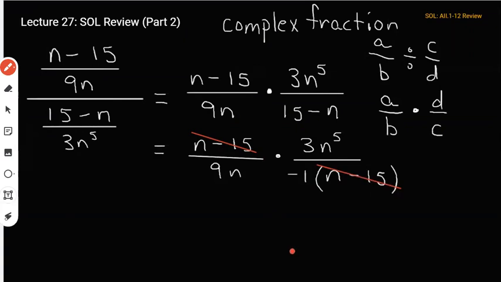Now, are there any other factors that I can cancel out? I have an n on the bottom. If I get rid of this n, then I need to get rid of one of the n's on top. So instead of having 5 n's on top, I'm going to have 4 of them because I just canceled out one of them.